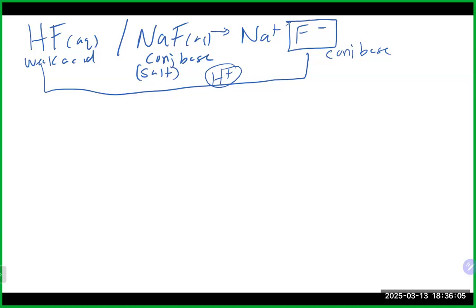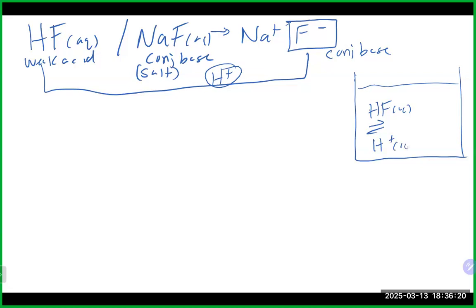And the HF is going to set up this equilibrium. So again, if we look at the beaker here, when I pop my buffer in there, that hydrofluoric acid is going to set up the equilibrium, even with the arrows, in the solution. And we're going to basically have this situation happening.